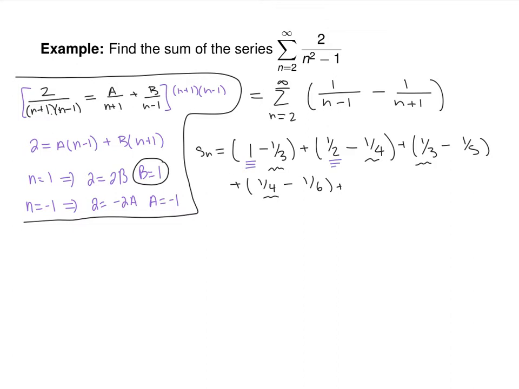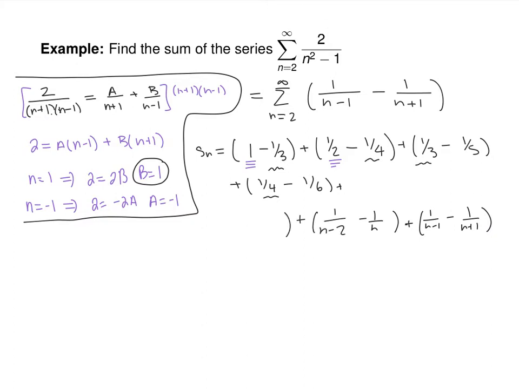Now on the end, the last term we have is 1 over n minus 1, minus 1 over n plus 1. That should be a minus between the two of them. Now one previous will be 1 over n, minus 1 over n minus 2, no obvious canceling.